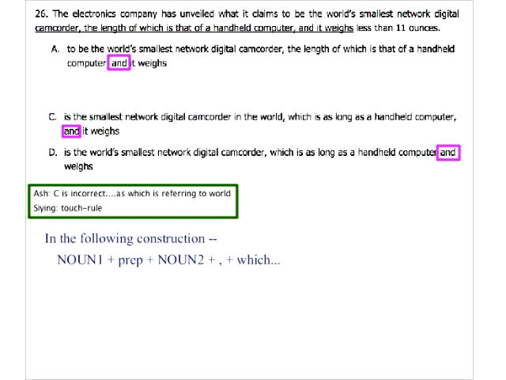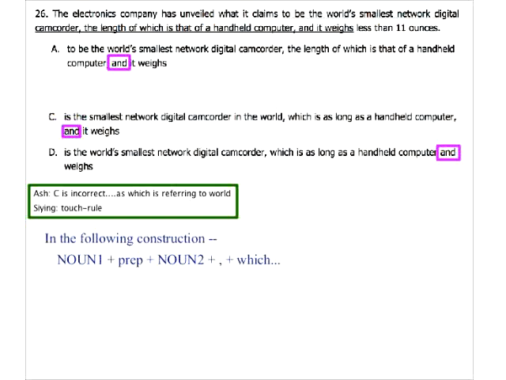In this kind of construction, the "which" can potentially modify either of those nouns. So it doesn't have to be noun 2, and I think that's what some of you are saying when you say touch rule. It's either noun 1 or noun 2, depending on context.